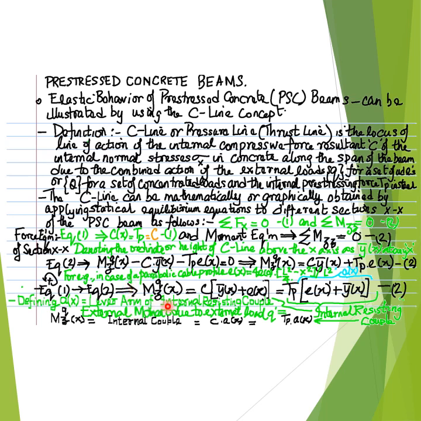Alternatively, the externally applied bending moment, that is the external bending moment due to the externally applied uniformly distributed load Q, denoted as M subscript Z superscript Q at any general location X, can also be related to the internal tensile force due to the pre-stressing force in the pre-stressing steel.